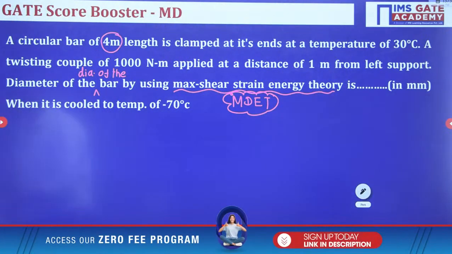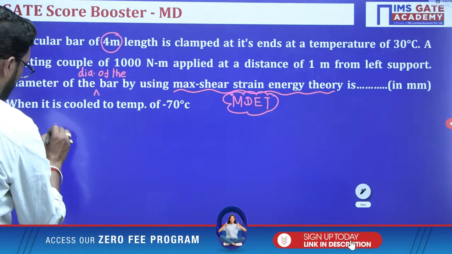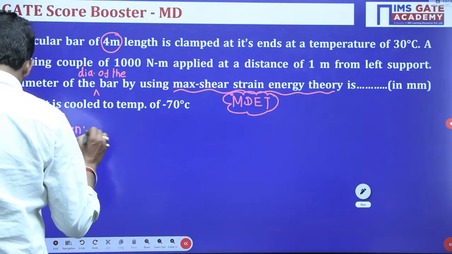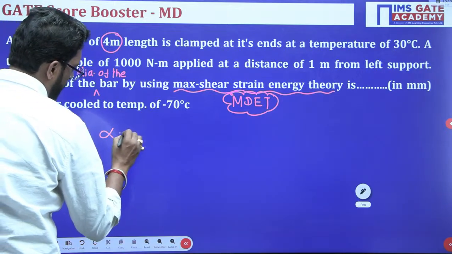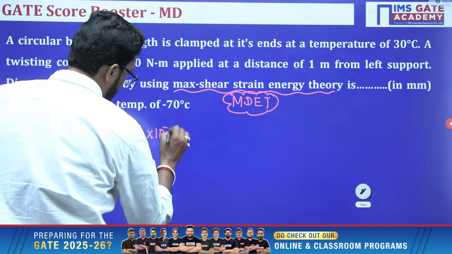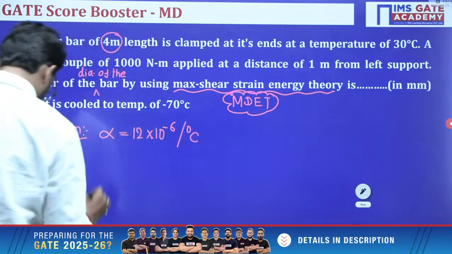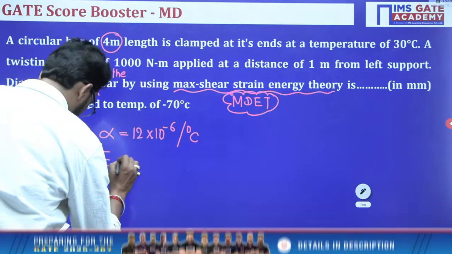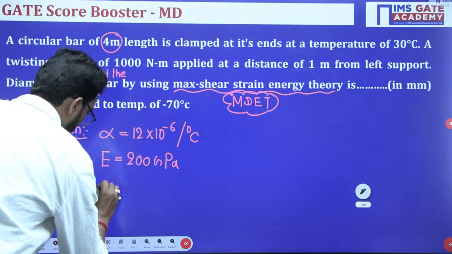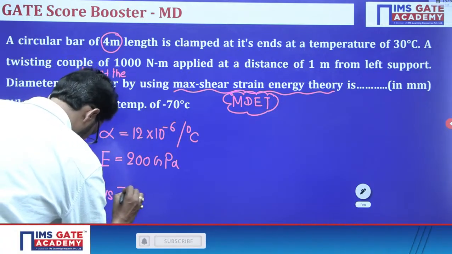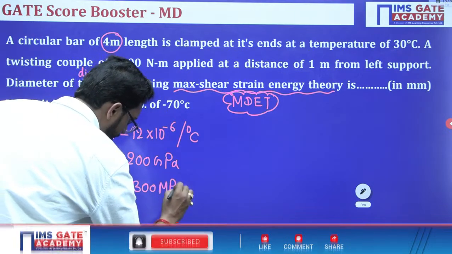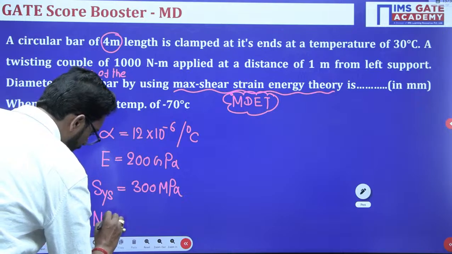What is given? Otherwise we cannot solve. The thermal expansion coefficient is given as alpha 12 cross 10 to the power minus 6 per degree centigrade. Young's modulus of elasticity of the bar is 200 gigapascal. Yield shear strength is 300 megapascal and the factor of safety is 1.5.